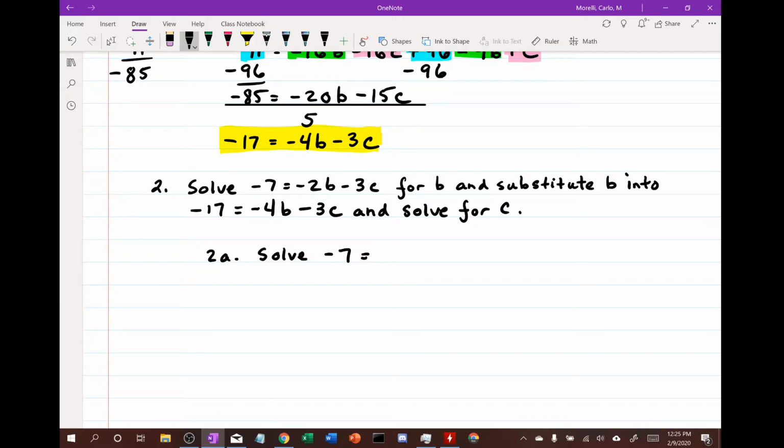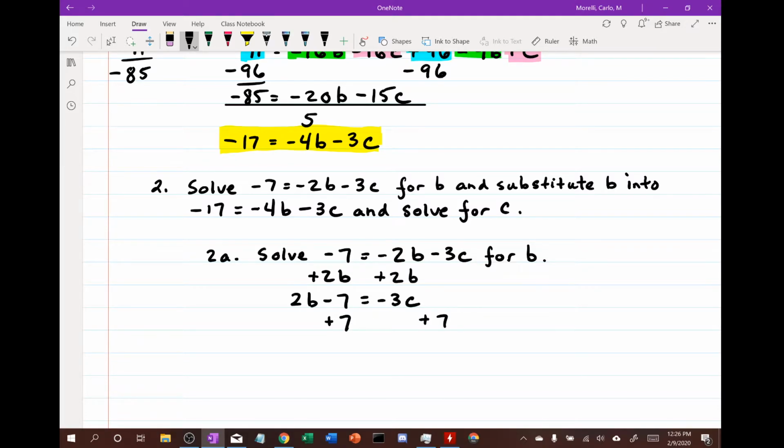Okay, so the first part of that, 2a, is to solve -7 equals -2b minus 3c for b. So I'll add 2b to both sides, and I'll have 2b minus 7 equals -3c. And then I will add 7 to both sides and get 2b equals -3c plus 7.